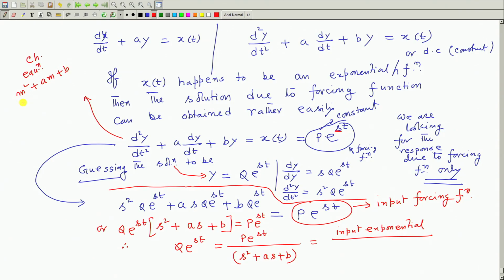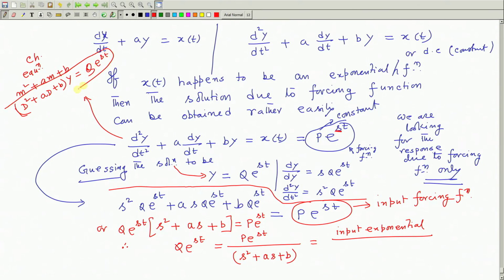Or you can say, in terms of the differential equation, think in your own way, (D square plus a D plus b) into y is equal to q into e to the power s t.